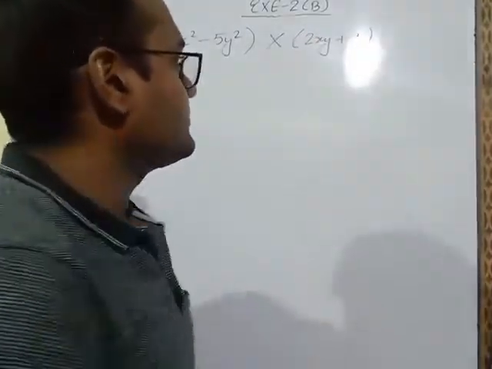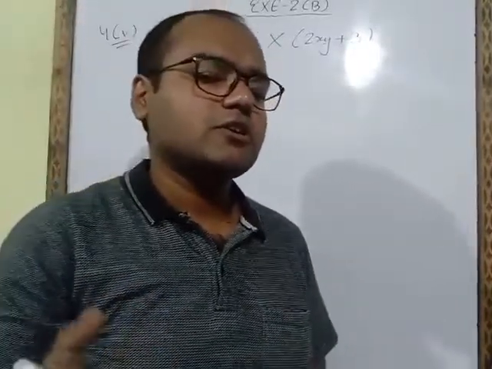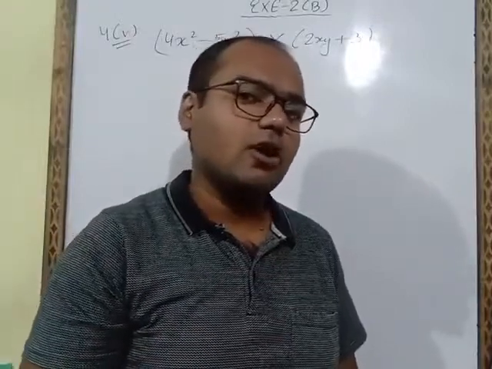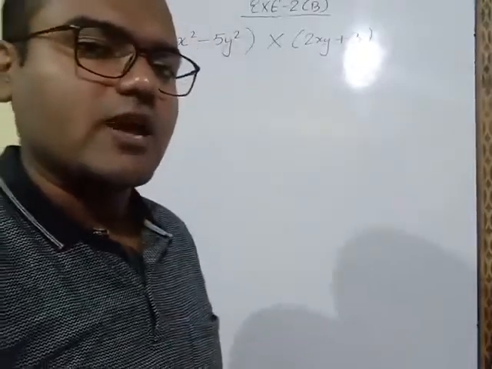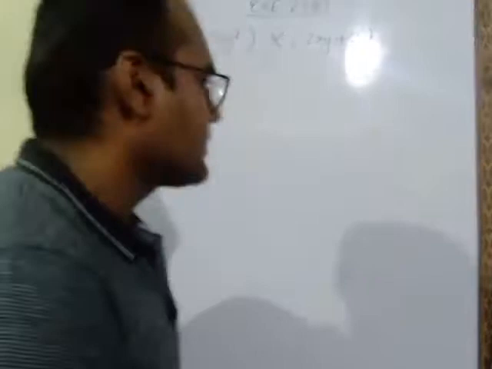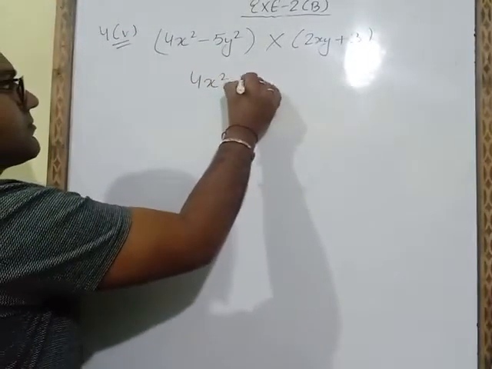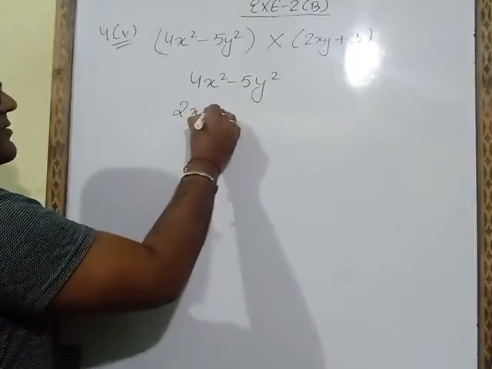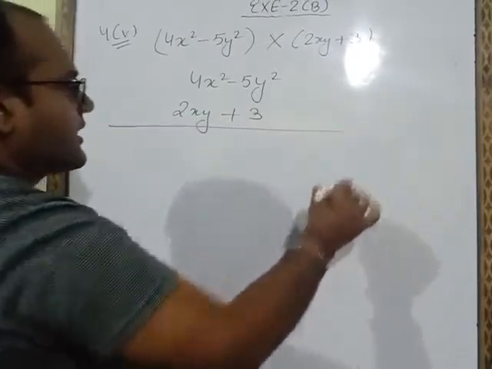So in the heading it is not mentioned which method you have to use, so you can use any method. In the first part I explained the horizontal method, but this part I will explain with the help of the column method. So in the column method, what you have to do, the first bracket we have to write upside, the second bracket we have to write downside, then we will draw one line.